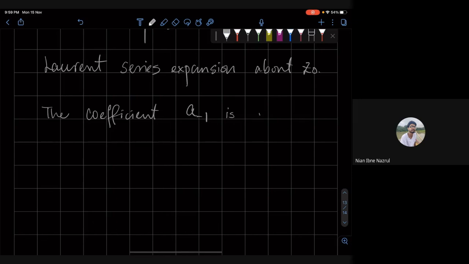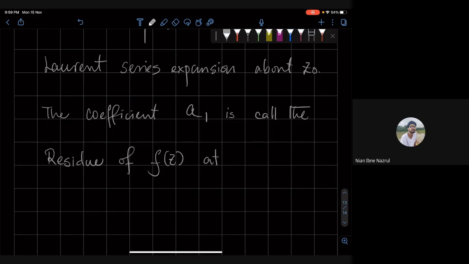This is called the residue of the function f of z at z equals z0, okay? So this is the definition of residue.